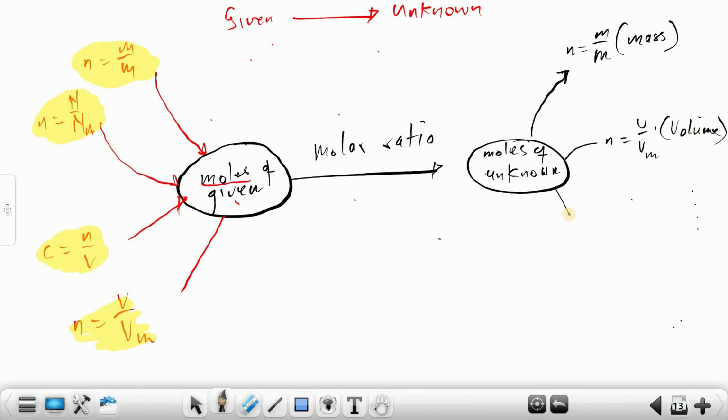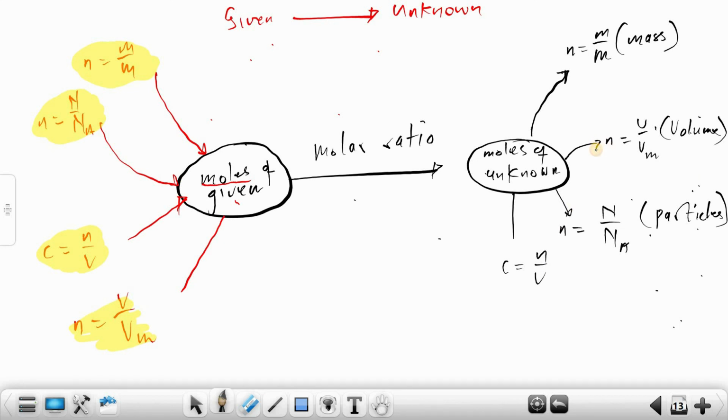I can further move on and say n is equals to N over Na. This is me now calculating the number of particles. So this will depend on the information given. Then I can further move on and say I can calculate now the concentration.